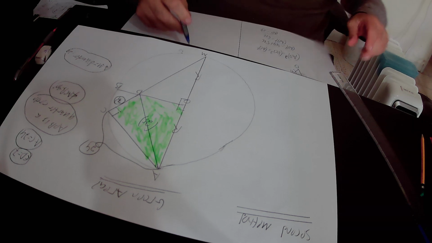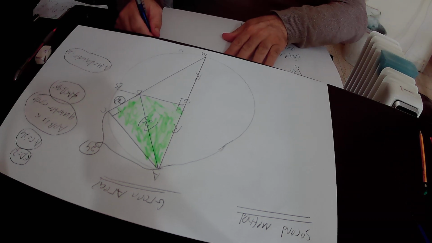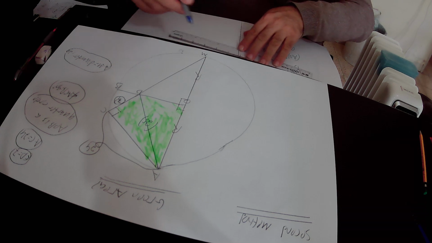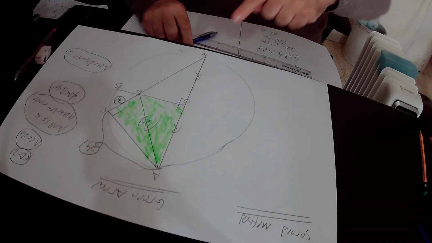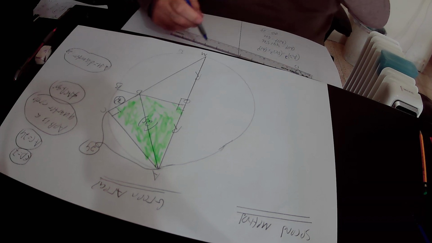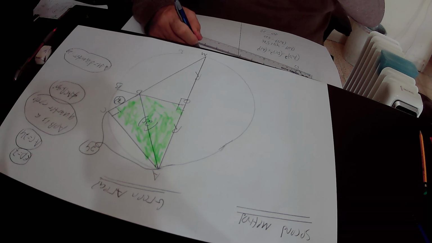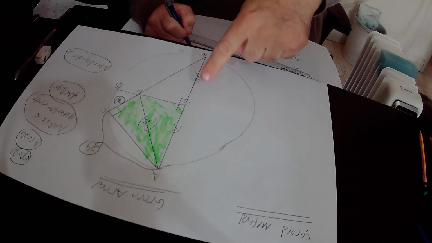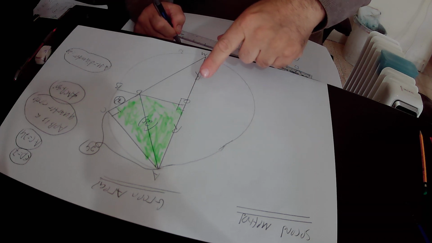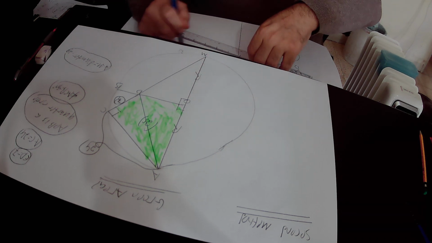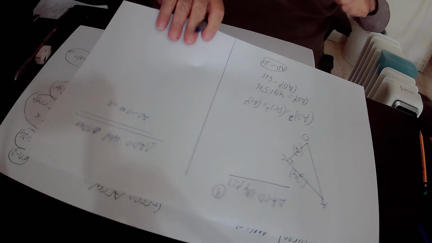So why are those two right triangles congruent to each other? First of all, AO equals OM equals R. They are both the radii of the circle, therefore they are equal to each other.